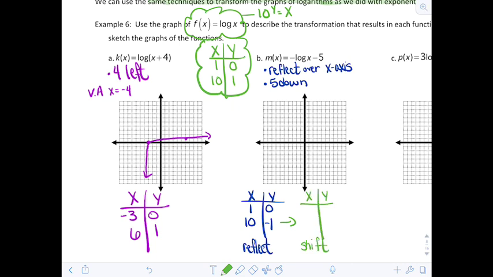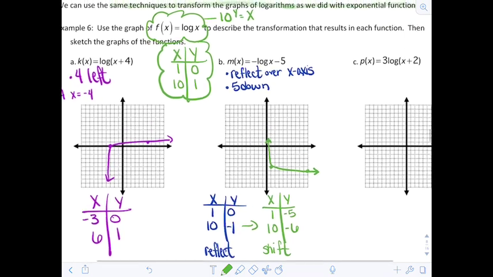And if I have to shift 5 down, once again, I'm affecting the y values. So my x's stay the same, 1 and 10, but 0 goes to negative 5 and negative 1 goes to negative 6. So I have 1, negative 5, and 10, negative 6. And this is my new function, reflected over the x and shifted down 5.